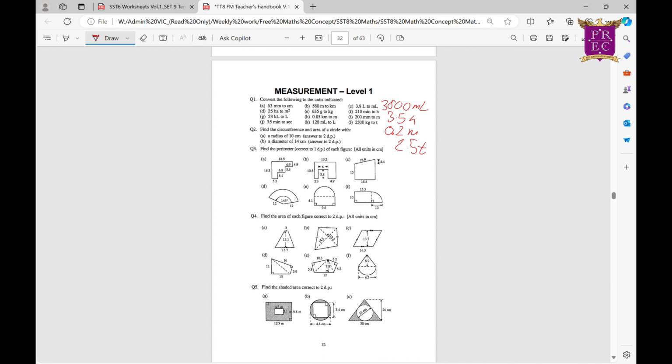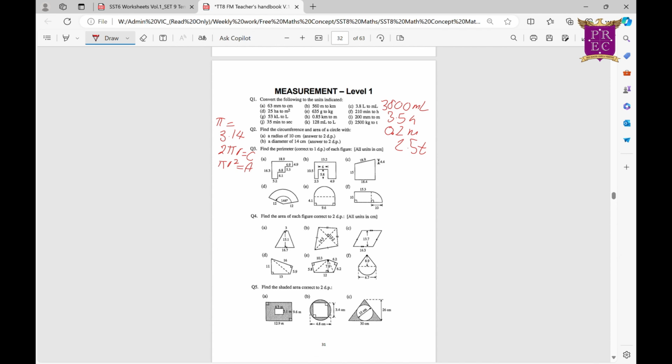That's it. Alrighty, find the circumference and area of the circle with radius of 10, diameter of 14. Just use 3.14 as pi and apply it to these two formulas. This is for circumference, this is for area.